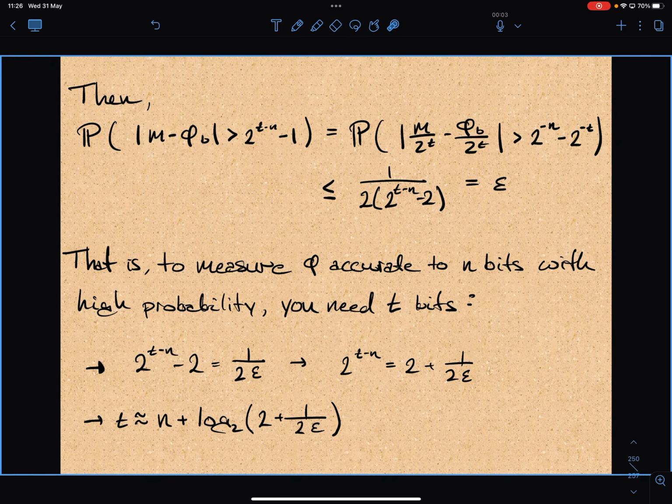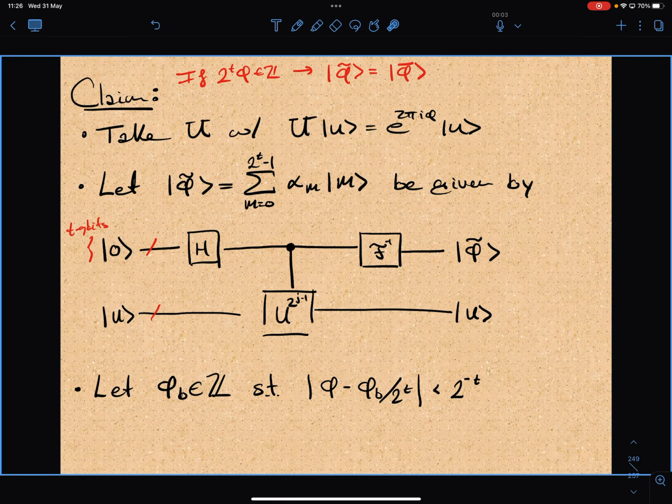And then the claim is that the probability that we measure a number, so m is going to be the measurement we get from one of these.